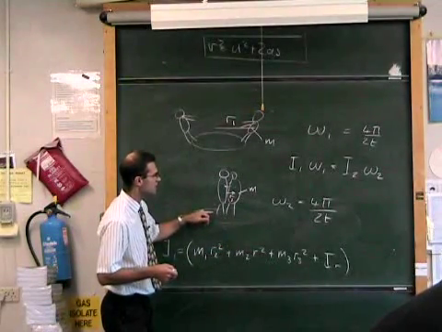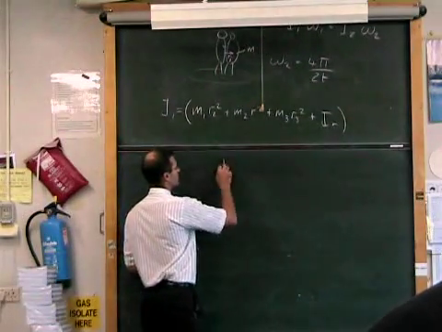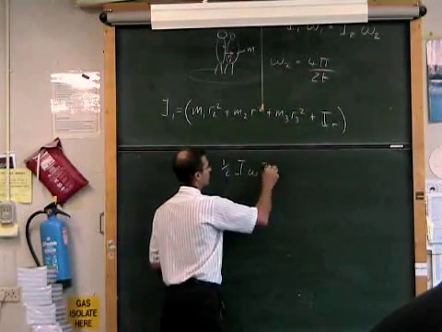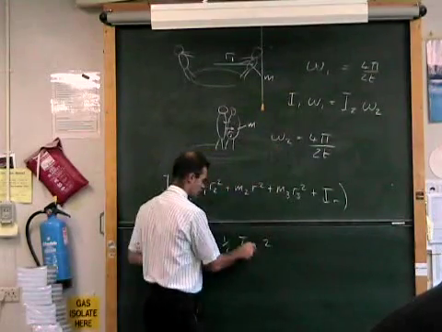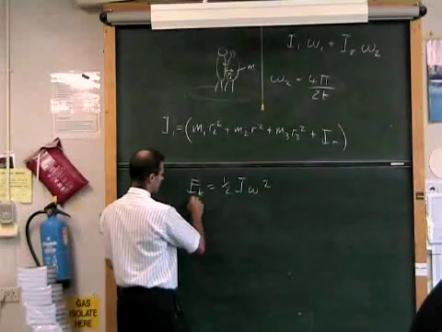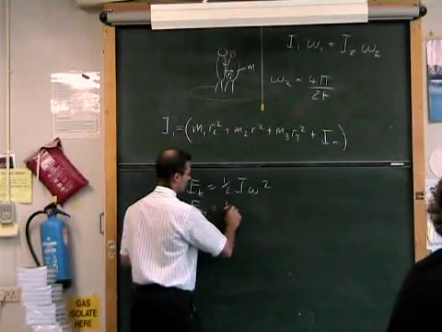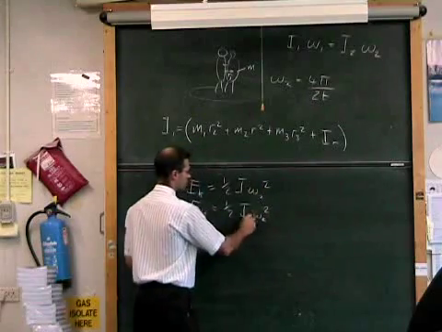The second thing is that we're then going to try and work out the kinetic energy before, so half I omega squared from the moment of inertia there, half I omega 1 squared before for the kinetic energy, and then the kinetic energy afterwards, half I omega 2 squared.